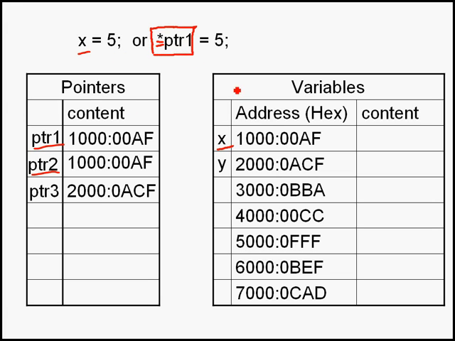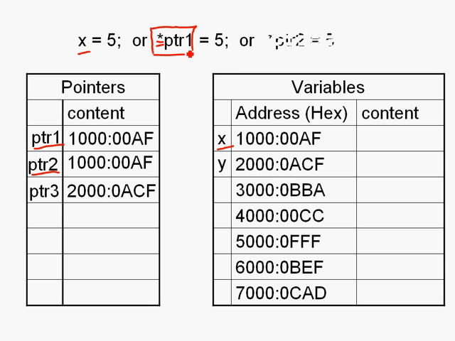So you can guess, yes, star ptr2 is the same as x. So we can use either x equal 5 or star ptr1 equals 5 or star ptr2 equal 5.